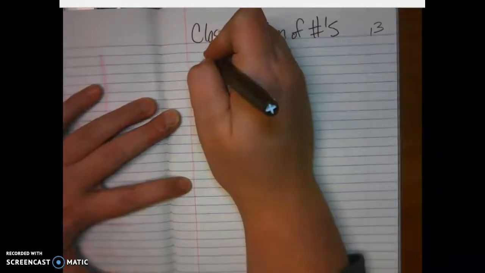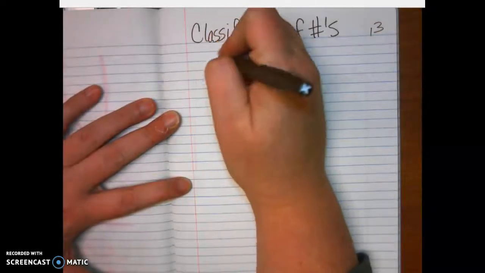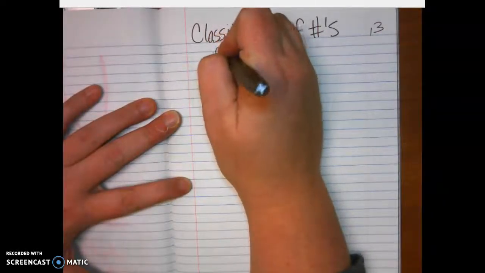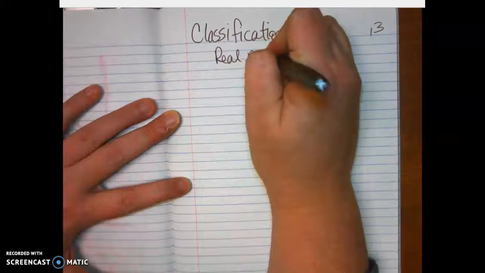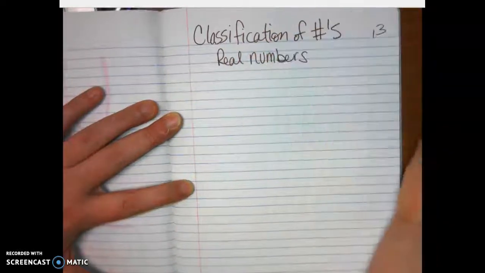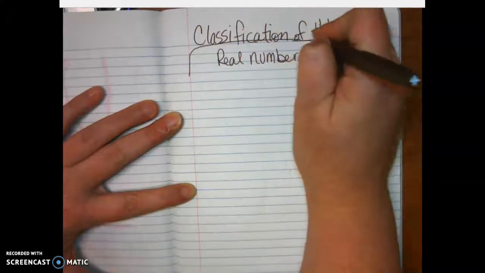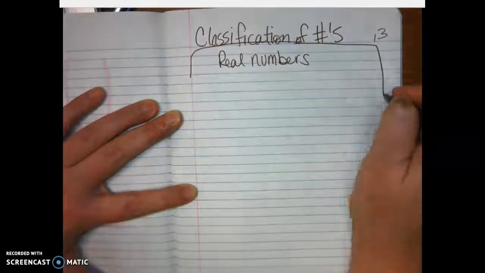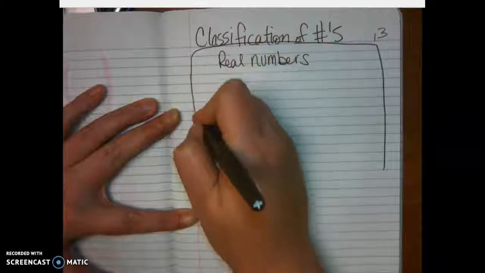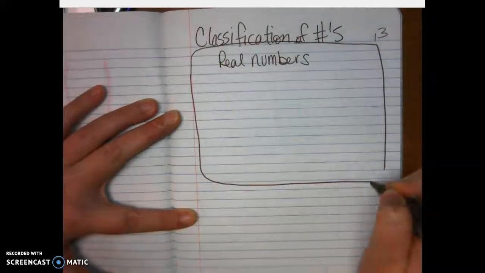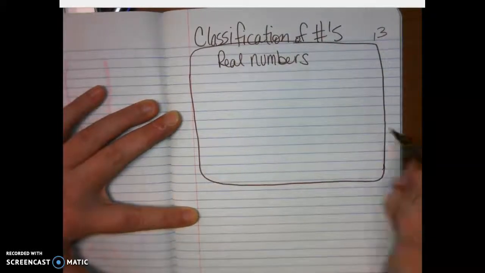Well, I'm not going to use the whole page. I'll use like most of it. But, so here's my real numbers, okay? Oh yeah, and they're in a box. Oops, see, I'm terrible. We're in a box, right?